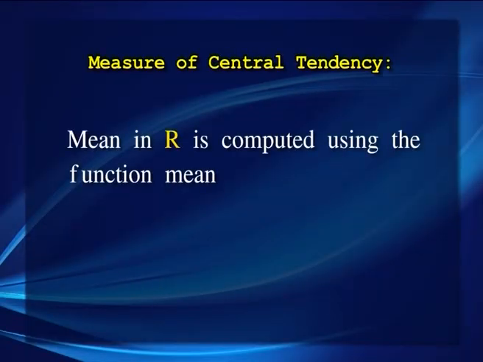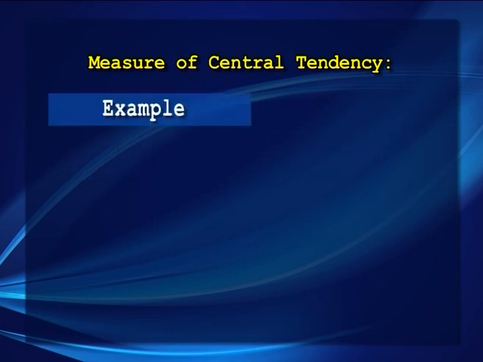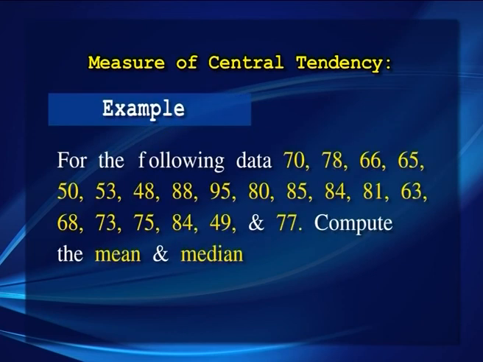Next we will see some measures of central tendency. Mean in R is computed using the function mean. For example, for the following data 70, 78, 66, 65, 50, 53, 48, 88, 95, 80, 85, 84, 81, 63, 68, 73, 75, 84, 49 and 77, compute the mean and median.